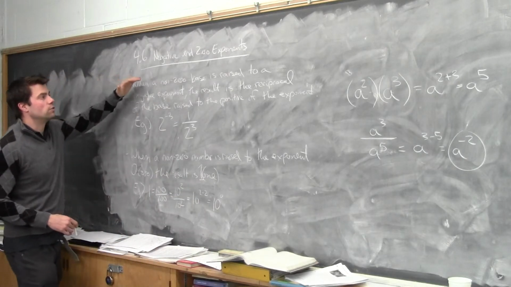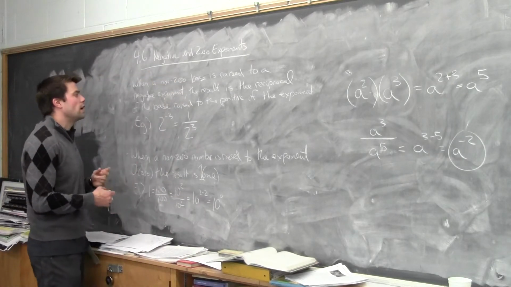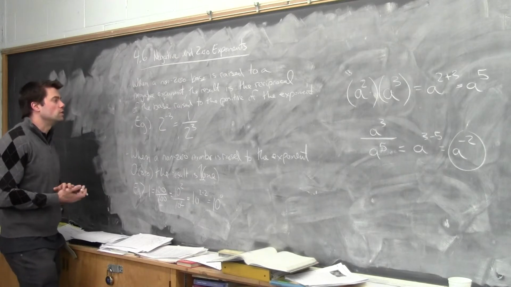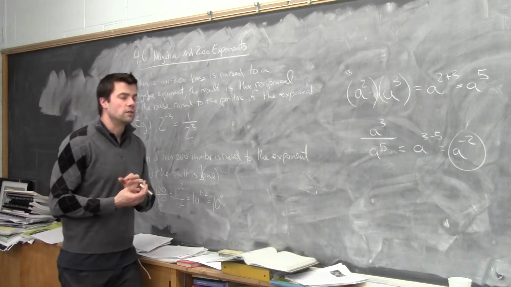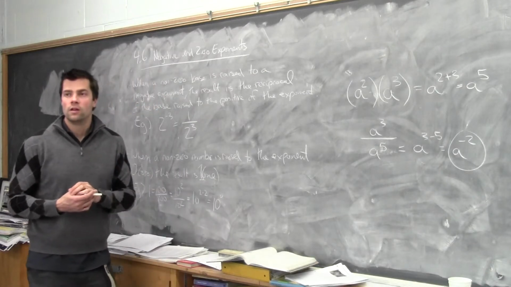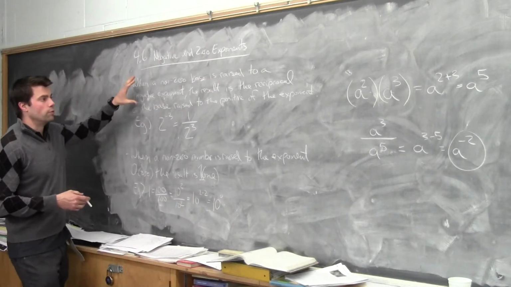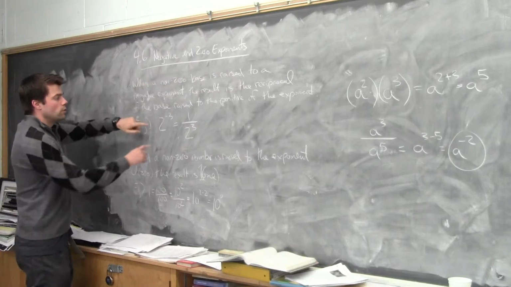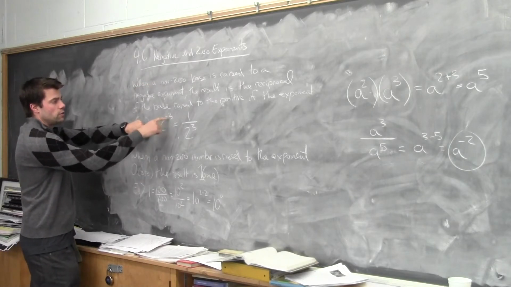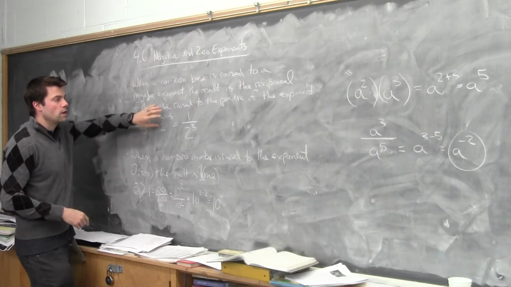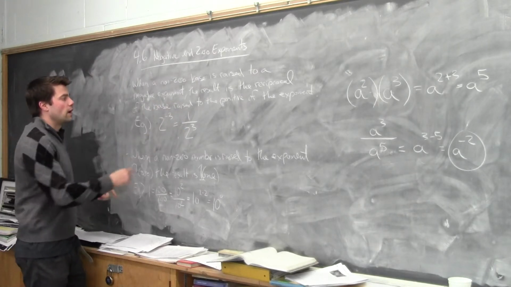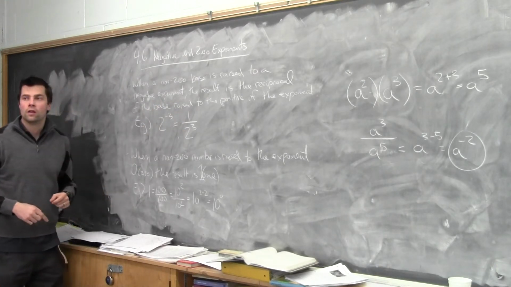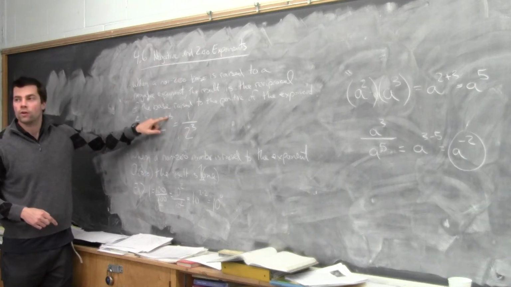So when a non-zero base is raised to a negative exponent, the result is the reciprocal of the base raised to the positive of the exponent. So it's a bit of a mouthful to read, but basically, when you have a base of 2 to the exponent of negative 3, you flip the 2, so it becomes 1/2, and you raise it to the positive exponent.